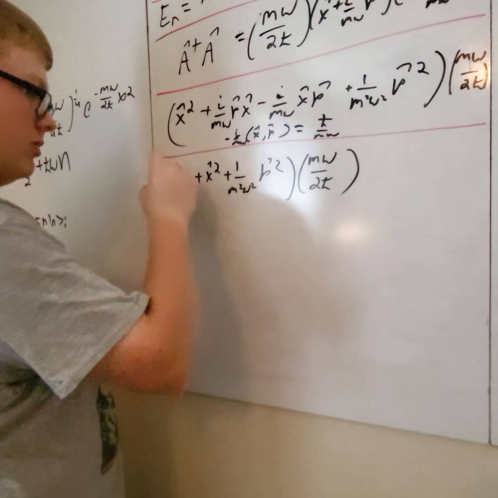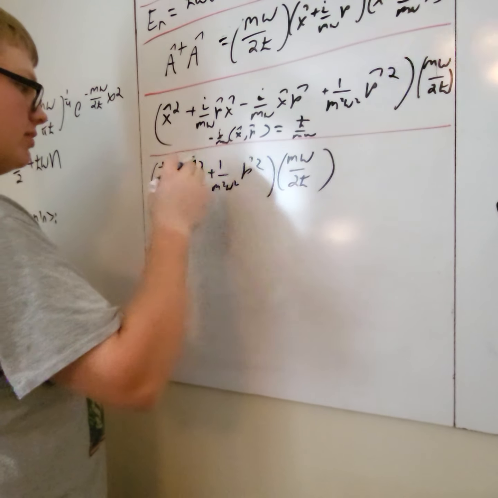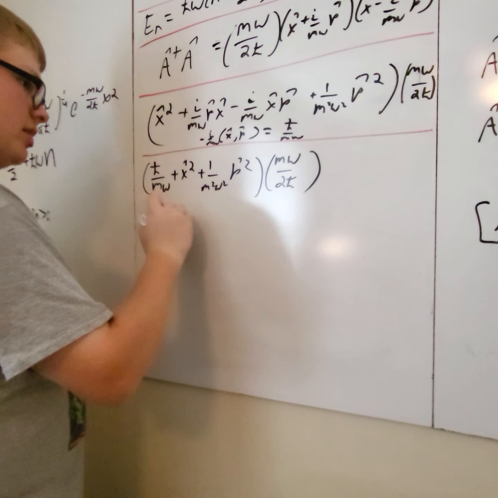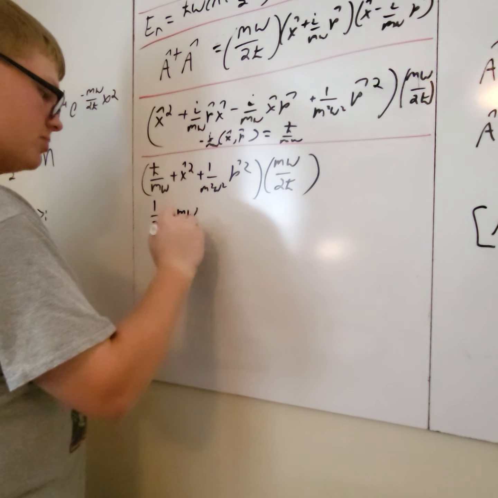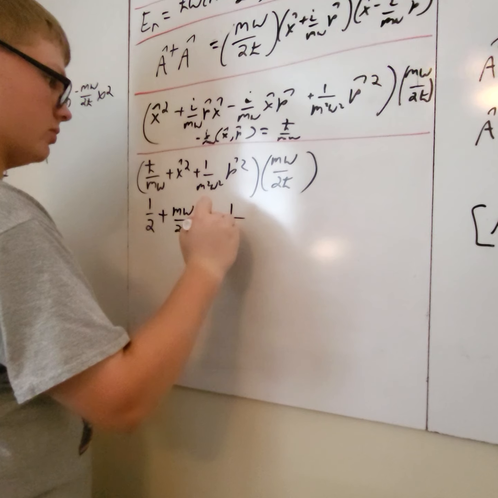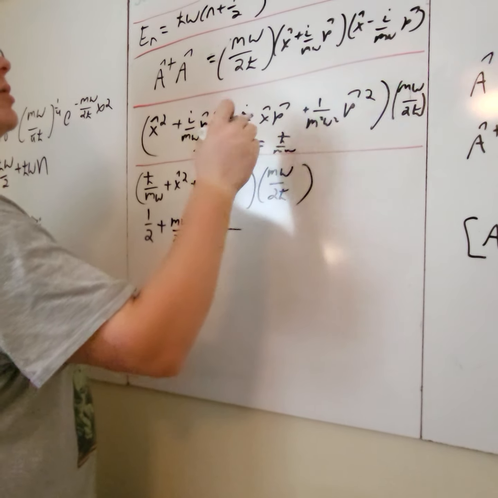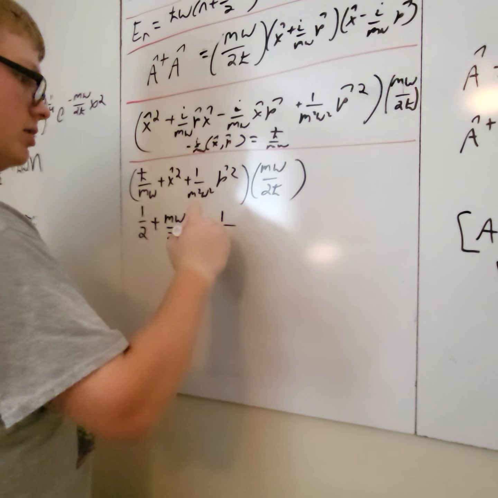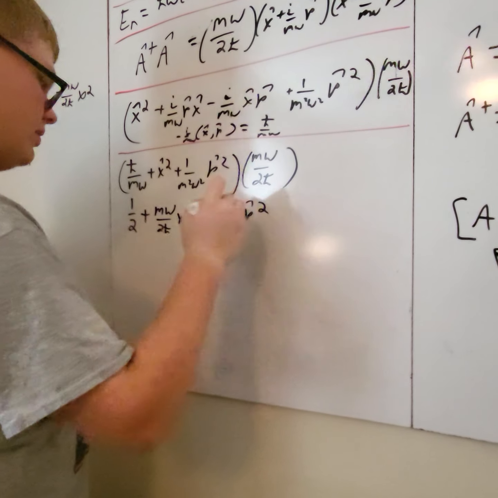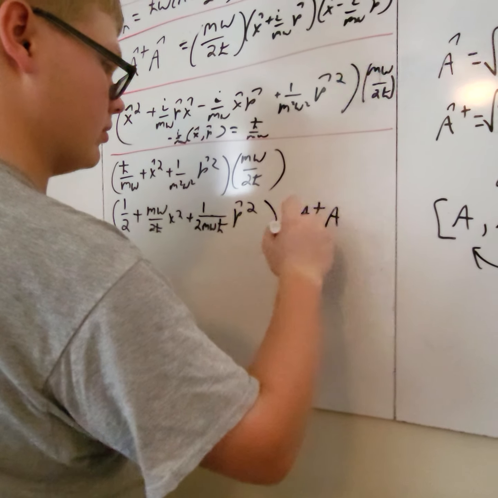And the h bar on that one cancels, h bar, mw cancels, 1/2 plus mw over 2h bar x squared plus 1 over 2 mw h bar times p hat squared equals a plus on a.